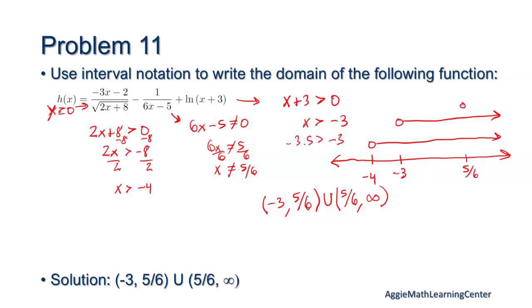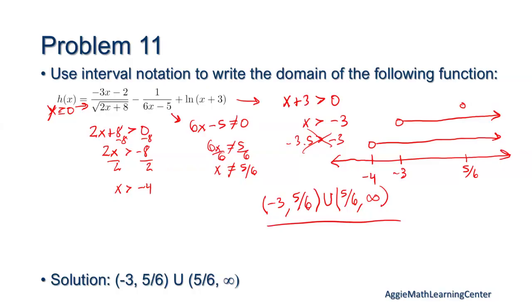Is this true? No, right? So we can't plug in negative 3.5. So our most limiting domain would be from negative 3 on, because any number you plug in within this domain gives a real number in the function.